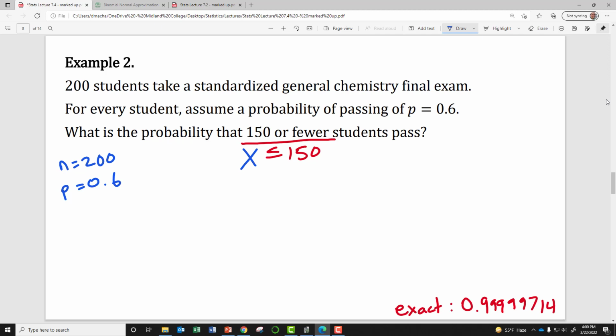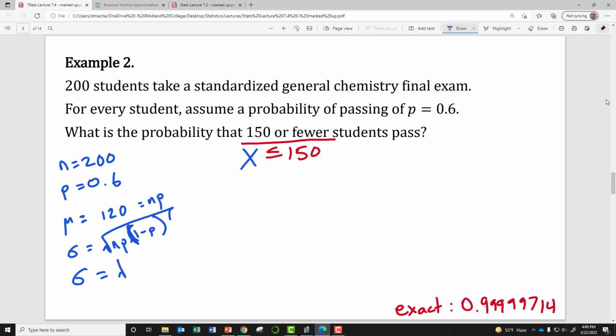And for the normal distribution, I have a mean of n times p, which is going to be 120, and a standard deviation of square root n times p times (1 minus p). So n times p is 120, 1 minus p is 0.4, so 120 times 0.4 is 48.